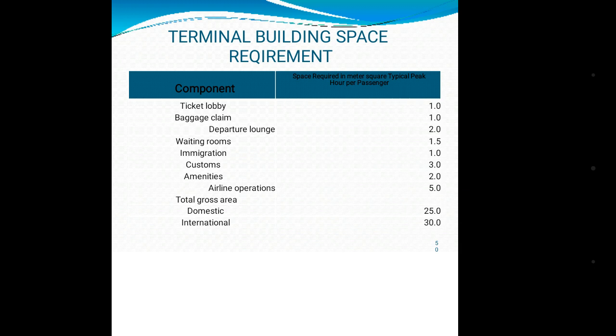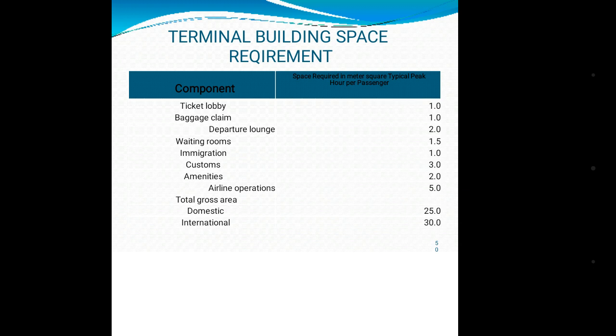Now how much space do we require in our peak hours for the passengers? For the ticket lobby, the minimum area required is 1 meter square per passenger during the peak hours. So for one passenger we require 1 meter square area for the ticket lobby. Then for baggage claim we require 1 meter square area. For the departure lounge we require 2 meter square area per passenger.